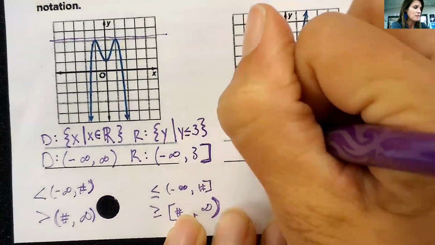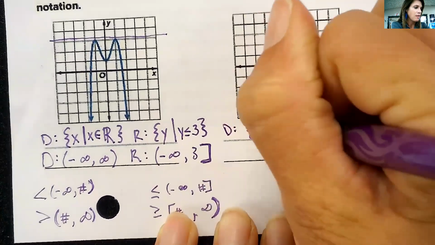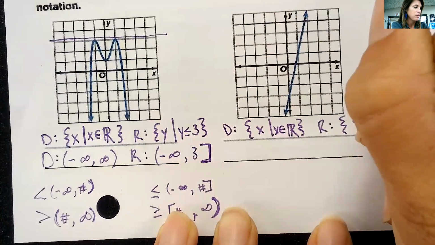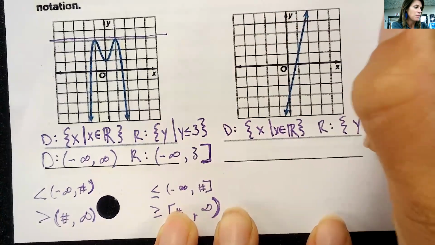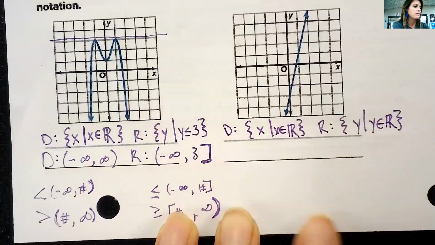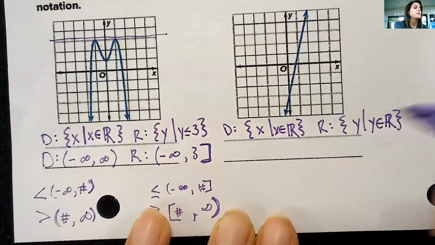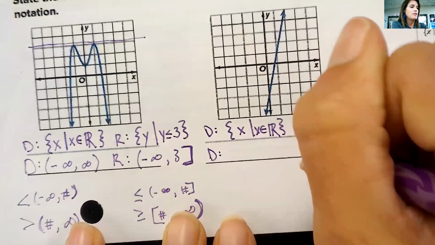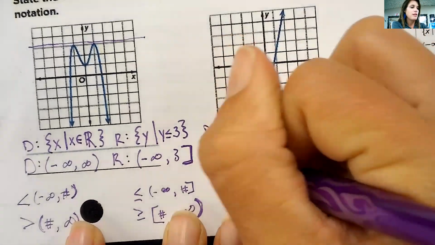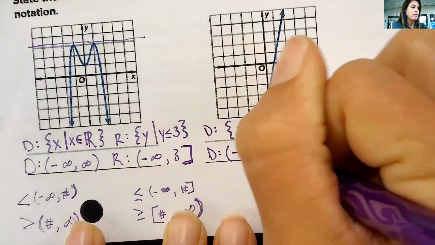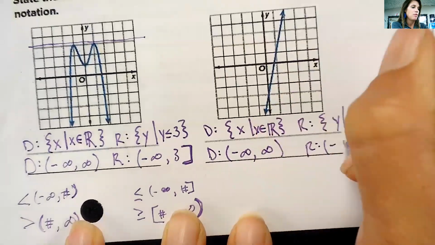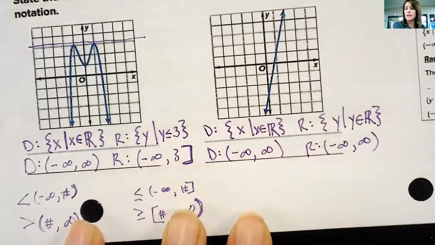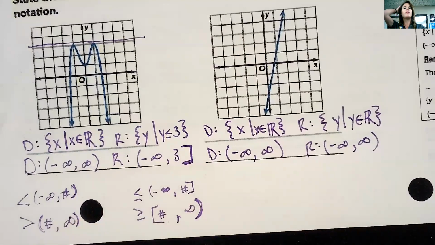So both of these are that capital R. Y is an element of all real numbers. So when we go to write the domain and the range in interval notation, they are both negative infinity to infinity with parentheses because you can't ever technically get to infinity.